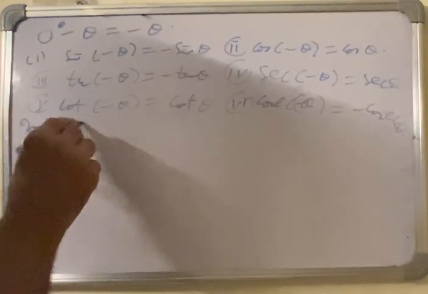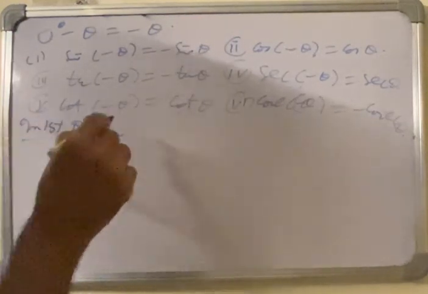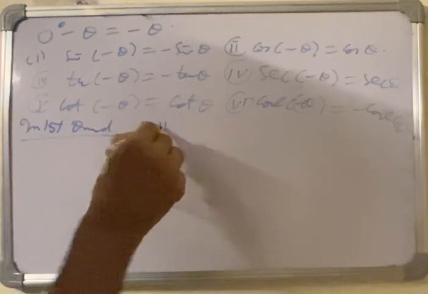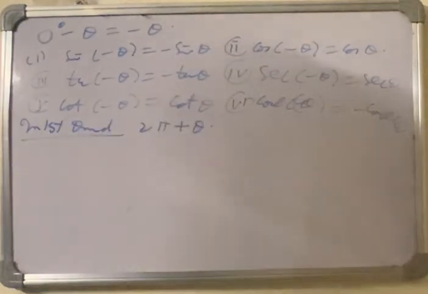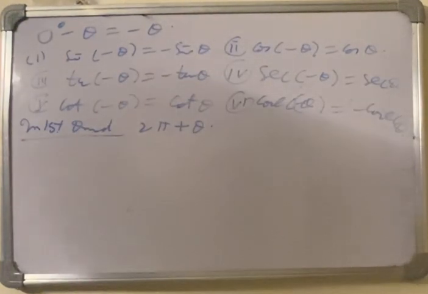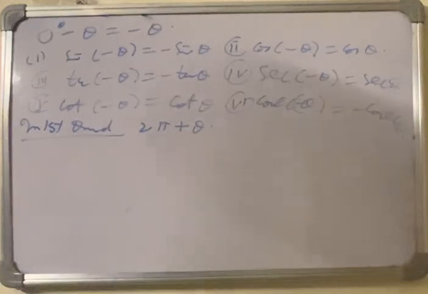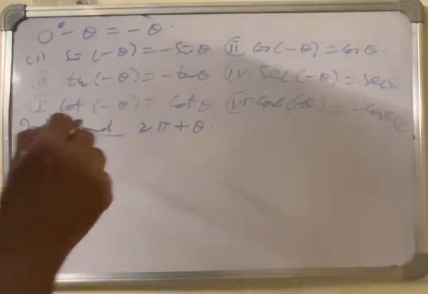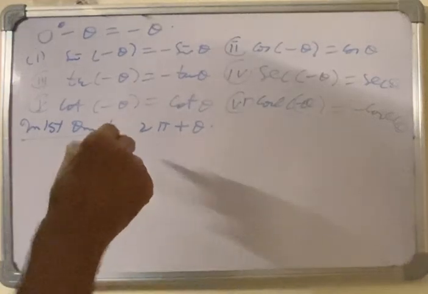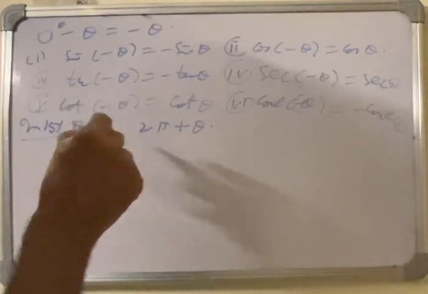In first quadrant, there is one angle which is left, that is 2 pi plus theta. We are taking it in the last after fourth quadrant. We have not taken it in the first quadrant in the very beginning, because we are taking after 2 pi minus theta.